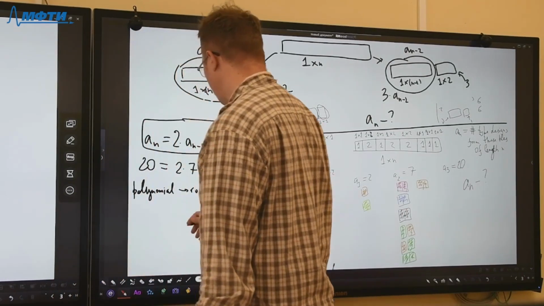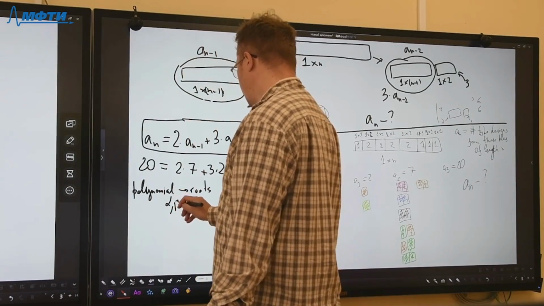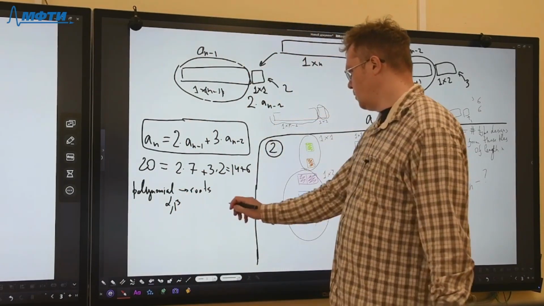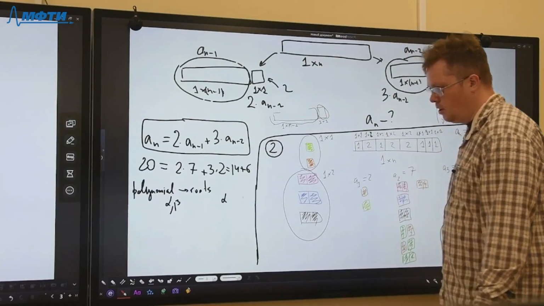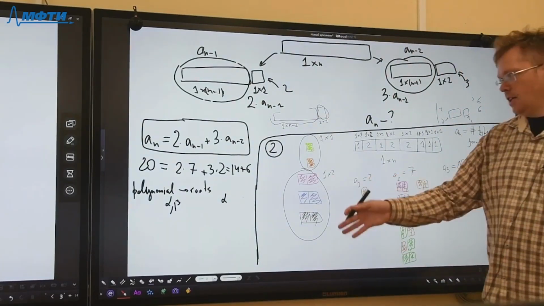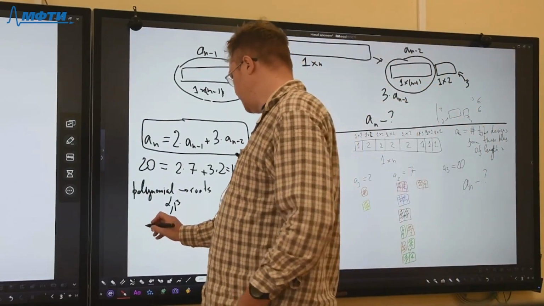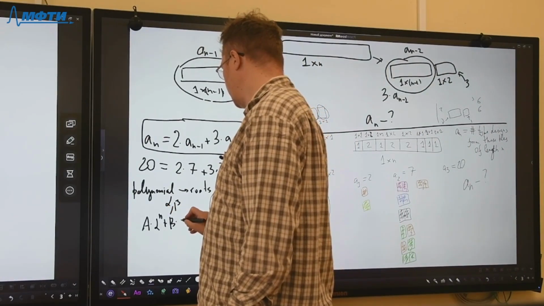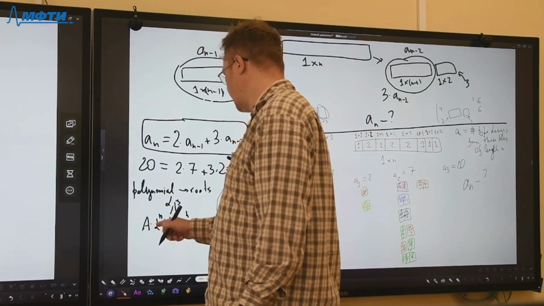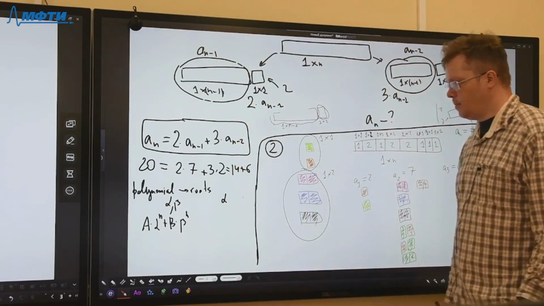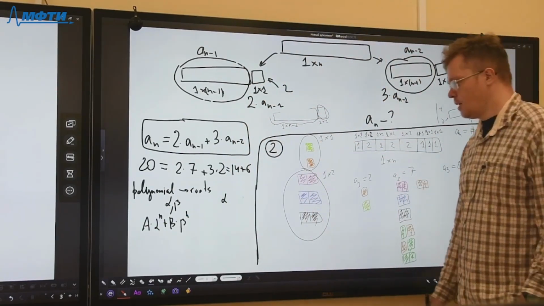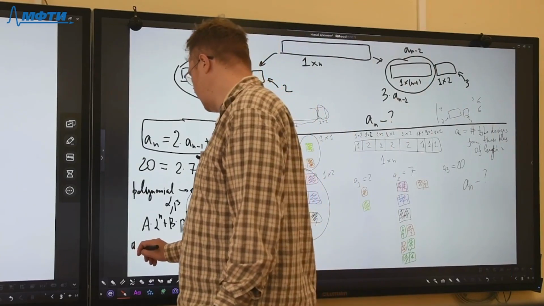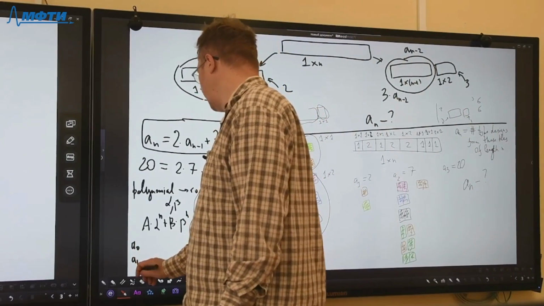There are two possible options: they are different, or we have one root of order 2. In the first case, you just need to find A and B such that your sequence is A times alpha to the nth power plus B times beta to the nth power.